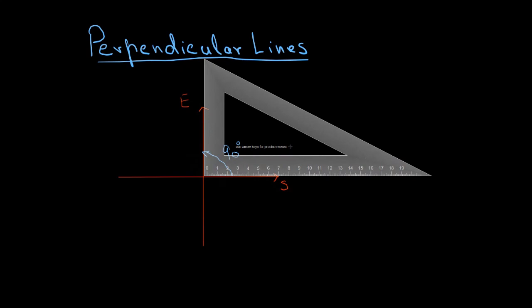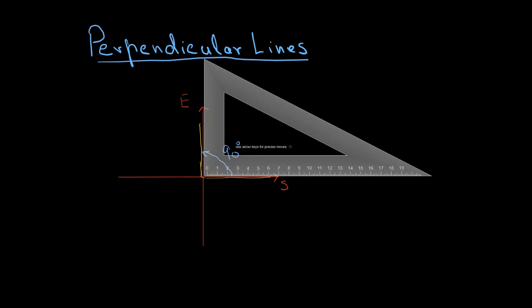So now you can see the line right over here, and then you can have the line right over here. These two lines are at a 90 degree angle. Okay, so the set square can also be used to either draw or check whether two lines are perpendicular to each other. By perpendicular, I mean whether they're at 90 degrees to each other.